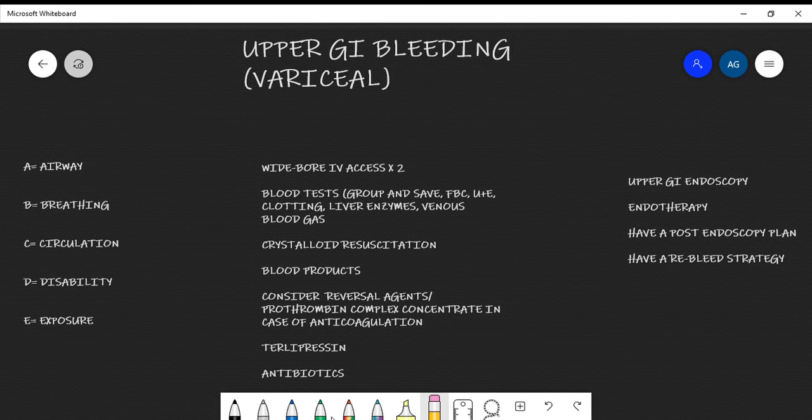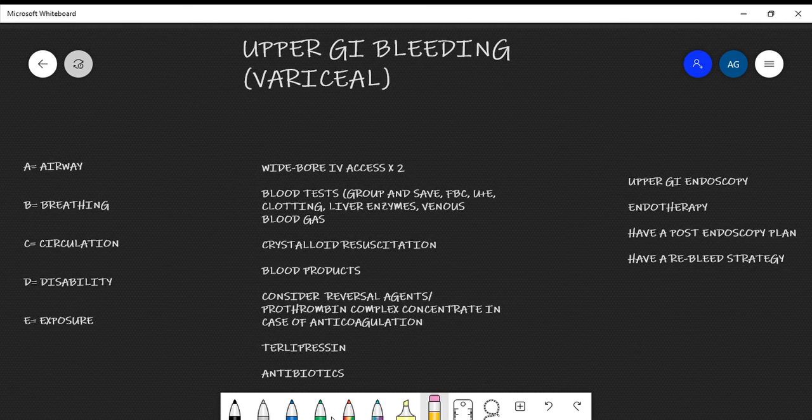Now, especially when we're talking about large volume bleeds, especially when we're talking about patients who are really unwell with an upper GI bleed, it is very important to have a very structured approach to these patients, just because in the heat of the situation you want to maintain a cool head.